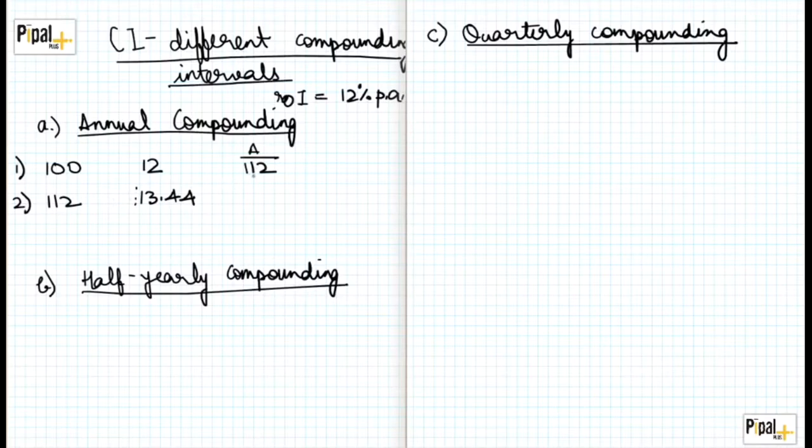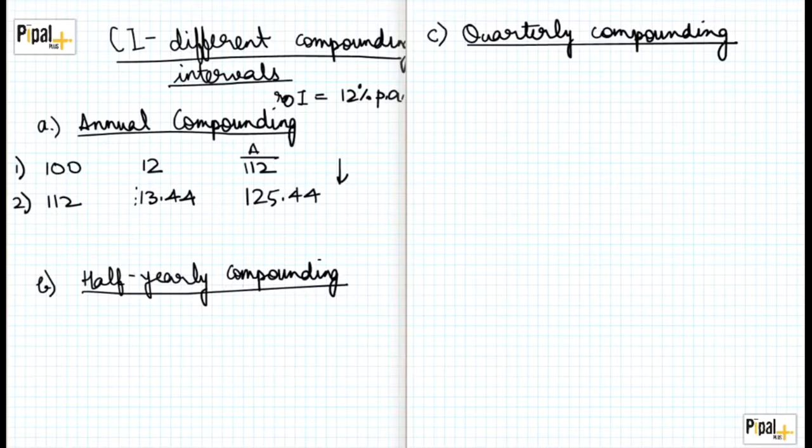So the total amount due at the end of 2 years becomes 125.44. So this is how the amounts at the end of 1 year and 2 years continue.